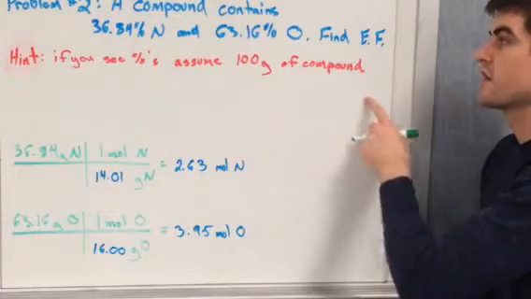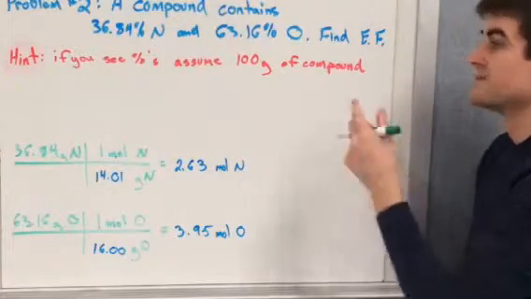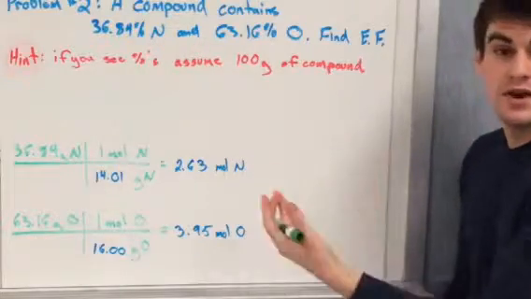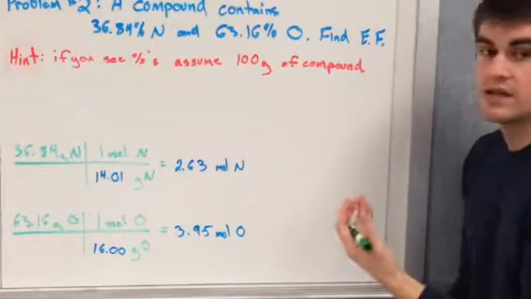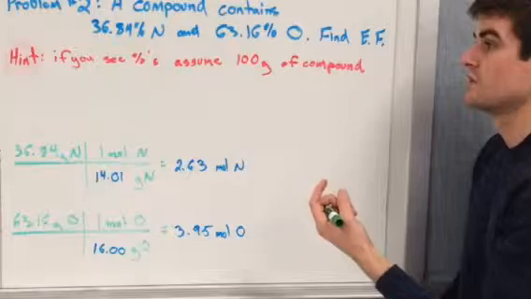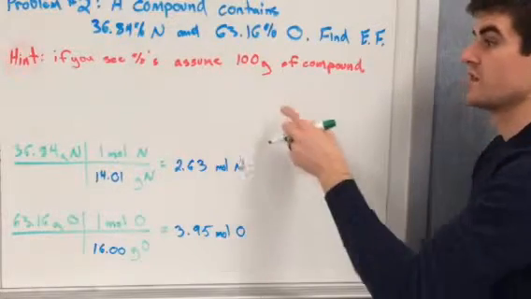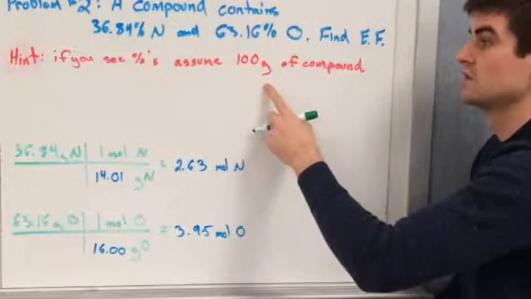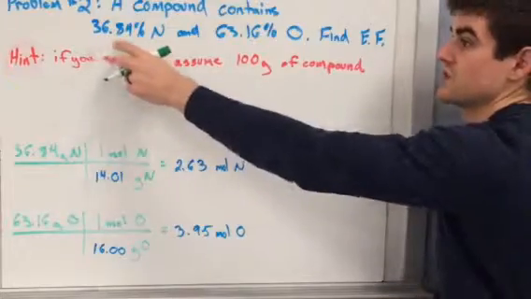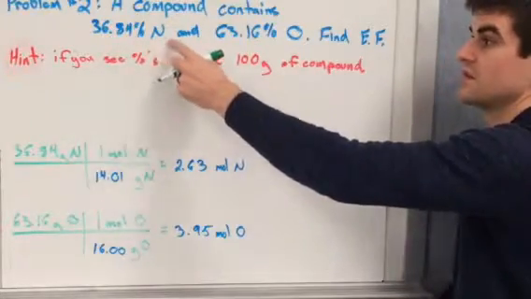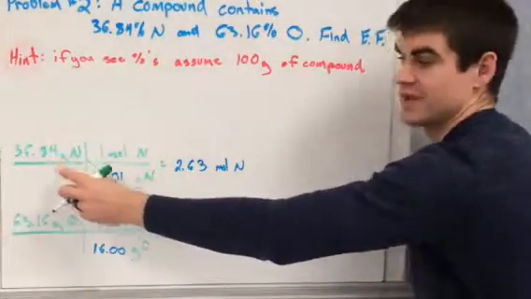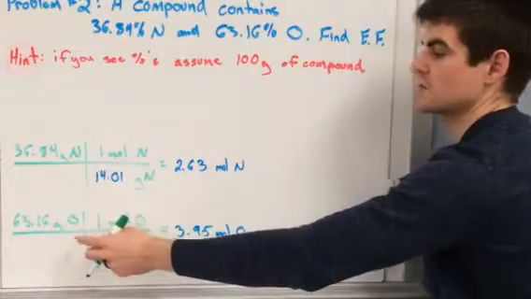So just assume 100 grams of this compound. Well, I need to figure out grams to get to moles. It's the only way I can get there. So to get from percent to grams, if I assume 100, of my 100 grams, 36.84% of it is nitrogen, or 36.84 grams. Same thing with oxygen.